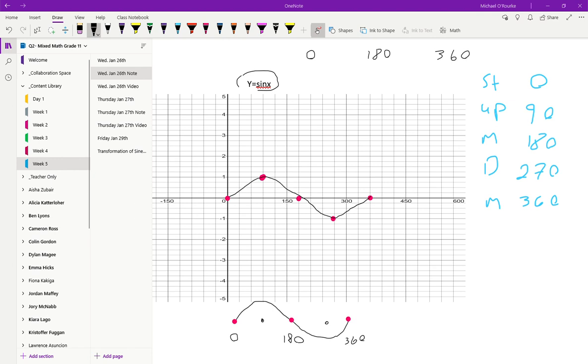Let's go back to my Desmos and get rid of these guys. Let's zoom in on this guy. This is my original function. If we take a look at it, it changes direction at every 90 degrees.